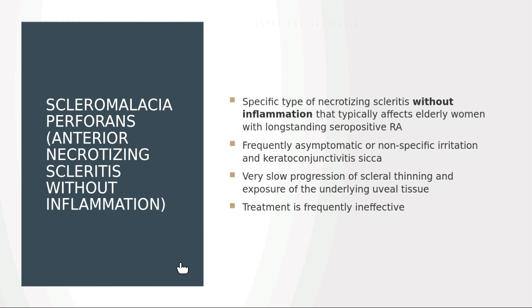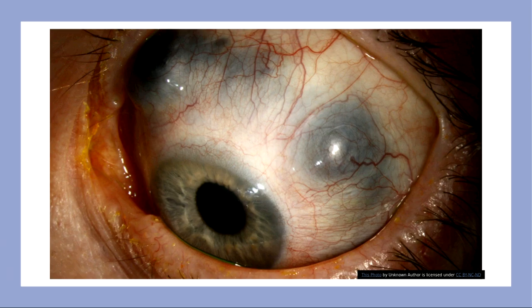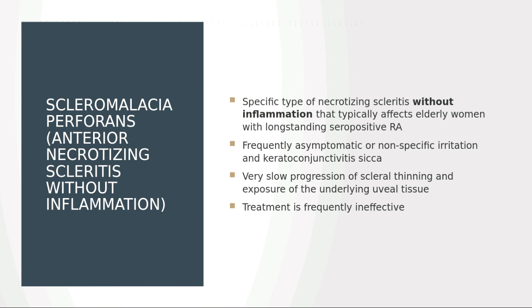Okay, so what you're seeing here, Ms. Drake, is actually areas of uveal tissue. But because the sclera is so thin, you're seeing the underlying uveal tissue. Right here. So we call that scleromalacia perforans. Necrotizing scleritis without inflammation.